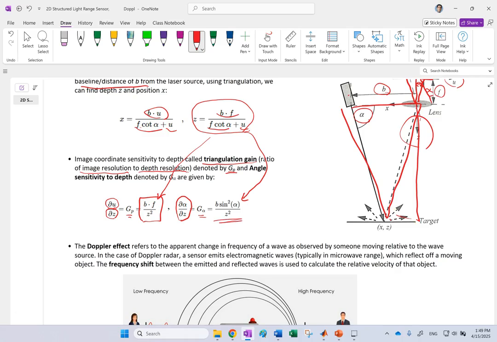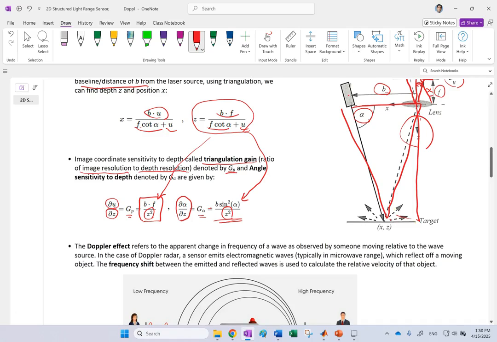Now, what's interesting is that both of these sensitivities, if you look at them, are inversely proportional to Z squared. So the further down the object, these sensitivities are going to be smaller.